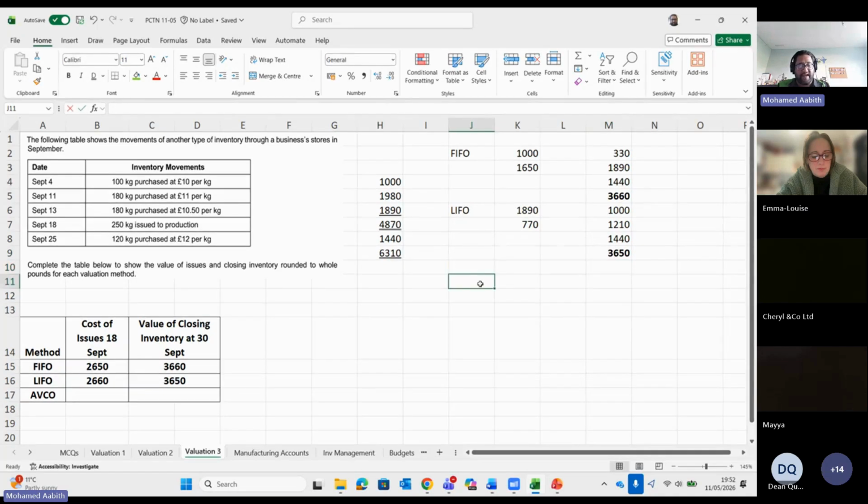The last one is the AVCO method. So again, for the AVCO, one thing I need is the average. I need to know how much I have in my stock.